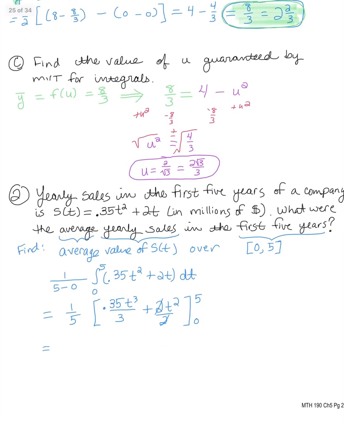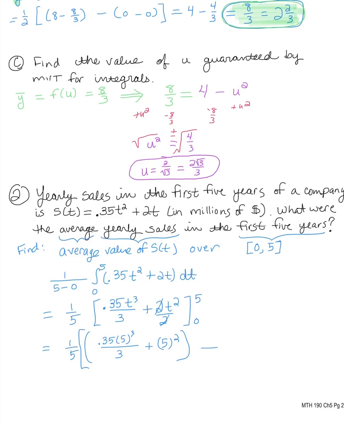So we're going to end up with 1/5 times, and then you'd be subbing in your upper limit of integration. So your 0.35, 5 cubed over 3, and then plus your 5 squared, of course. And that is subbing in your upper limit of integration.